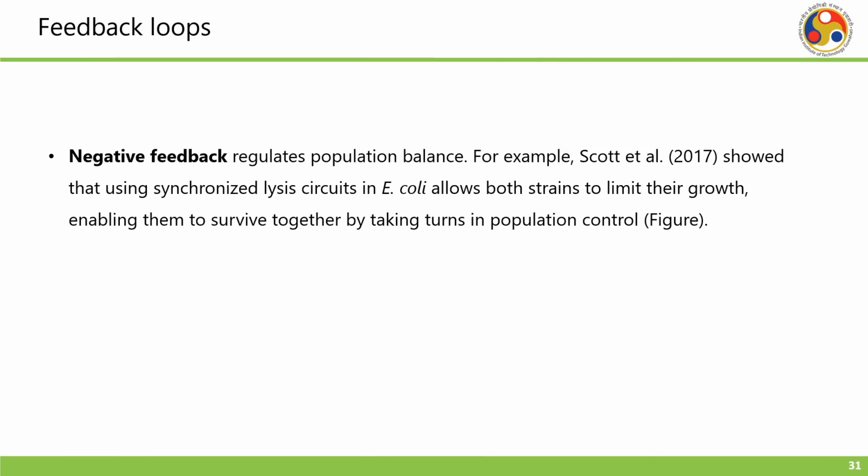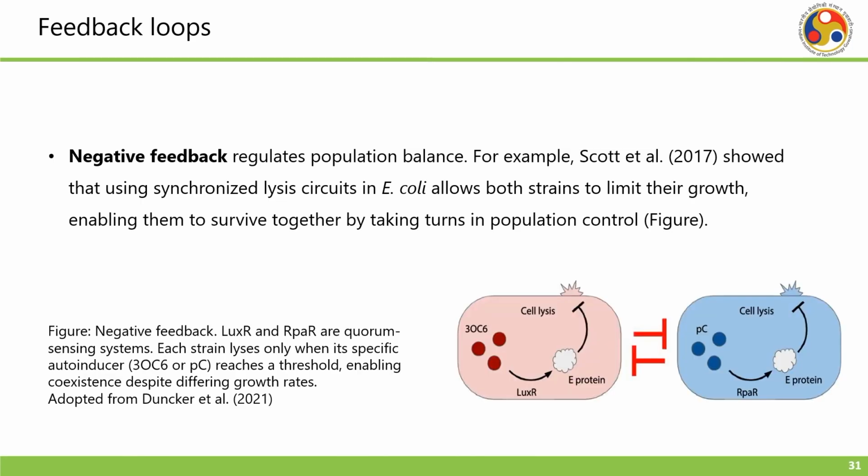For example, Scott et al. showed that using synchronized lysis circuits in E. coli allows both strains to limit their growth, enabling them to survive together by taking turns in population control. So, here we can see negative feedback. LuxR and RpaR are quorum sensing systems.